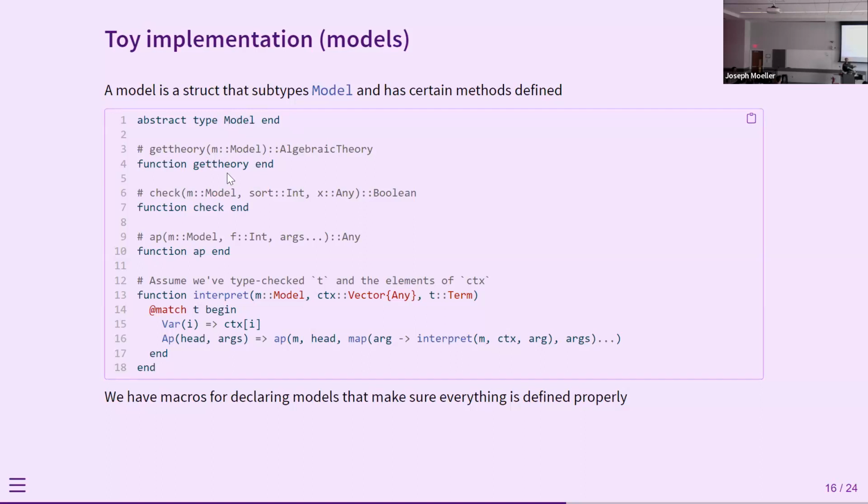And the functions that we're going to define are getTheory, which just returns the theory that that model is supposed to be implementing. Check, which given a sort in your theory, checks whether X is supposed to be a valid element of that sort according to the model. And finally, app, which actually implements each of the functions.